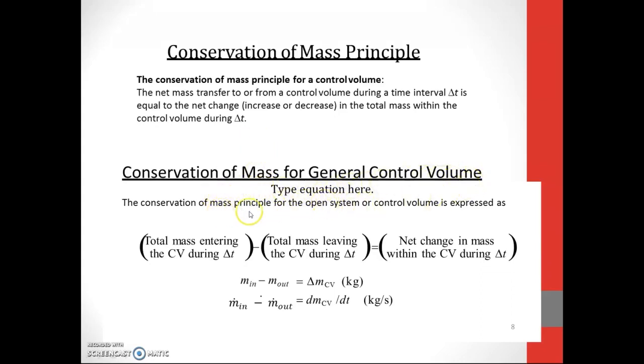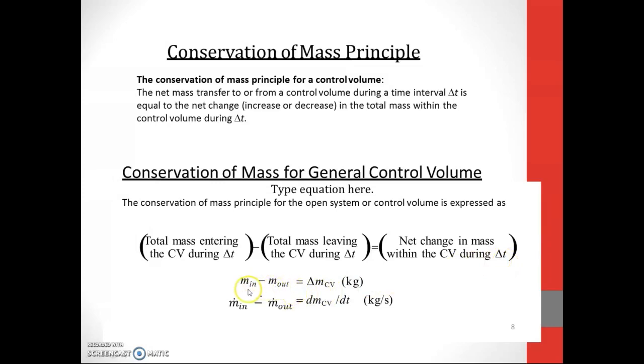So what is the equation? It is expressed as the total mass entering the control volume during delta t minus the total mass leaving, mass out, for an open system or control volume, equals the net change in mass within the control volume during delta t.